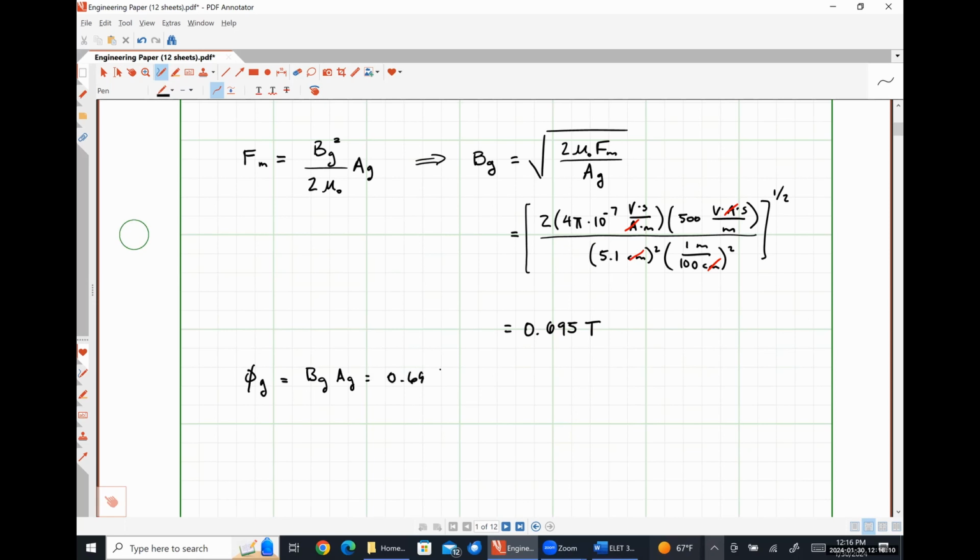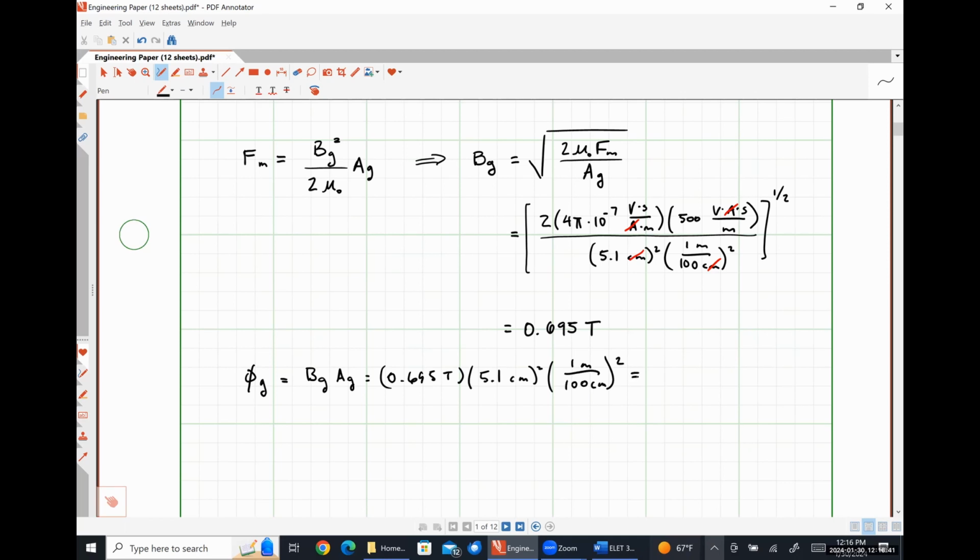So 0.695 Tesla times 5.1 centimeters quantity squared, and then times 1 meter per 100 centimeters quantity squared.